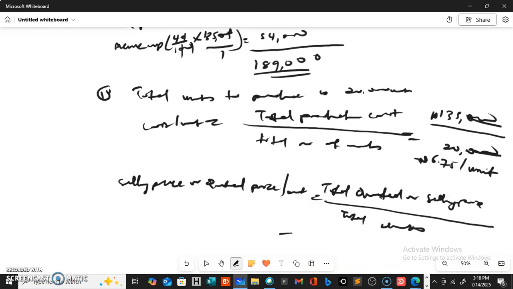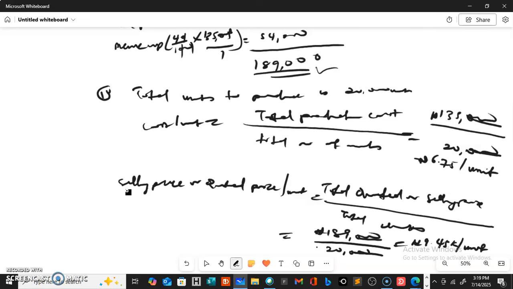So from what we have here, 189,000 is the total quoted price, divided by the total number of units we have to produce, 20,000 units. So let's take off 1,000, take this 0 off. So 189 divided by 20. That will give us 9 naira 45 kobo per unit.